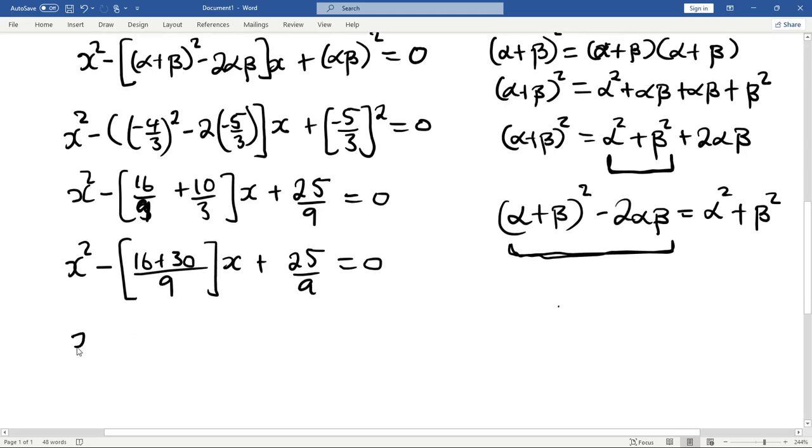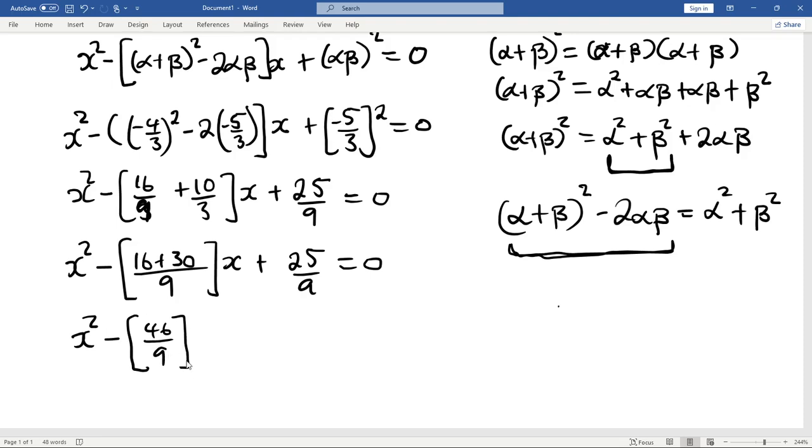Then we continue. We have x squared minus, open brackets, so this is going to be 46 over 9 multiplied by x plus 25 over 9 equal to 0 here.